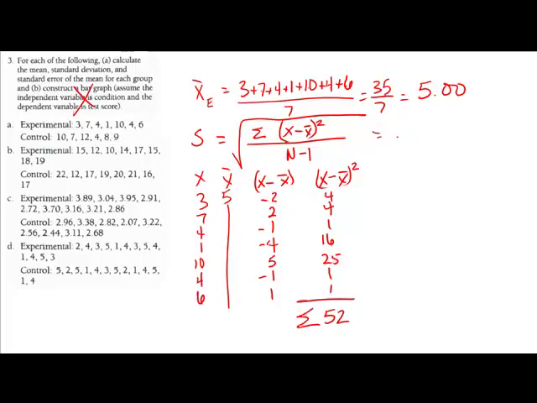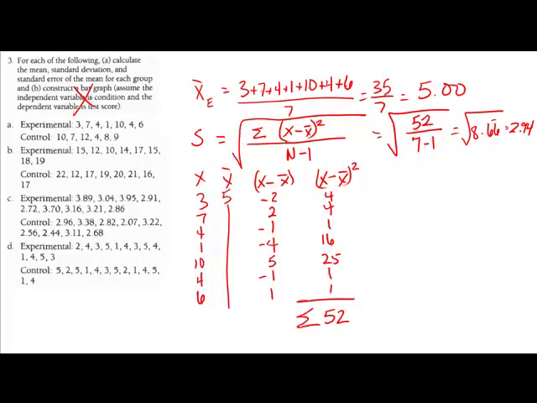Okay, so let's do the square root. 52 divided by n minus 1, that was 7 minus 1, which is 6, so 52 divided by 6 equals 8.66, repeating, so 8.67. Let's take the square root of that. I've got 2.94.